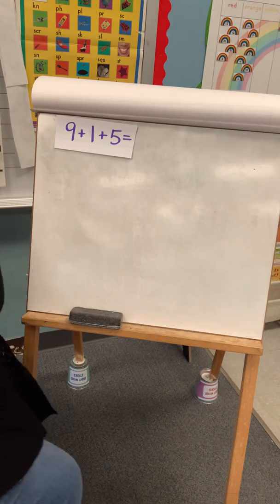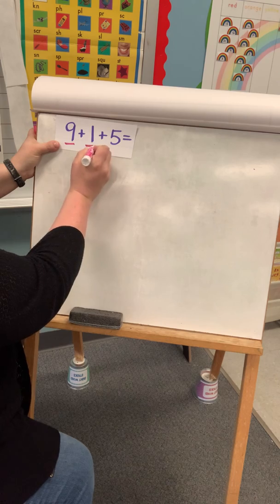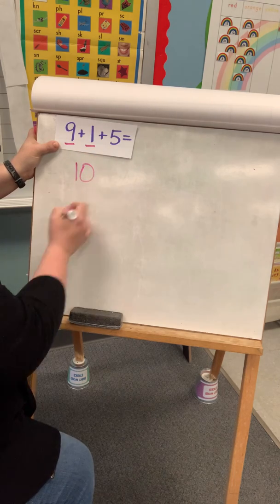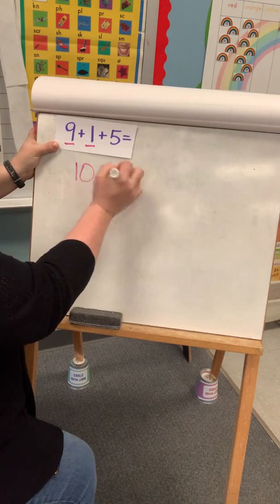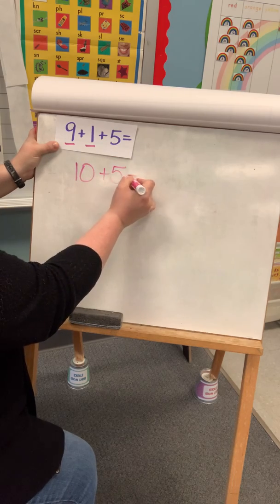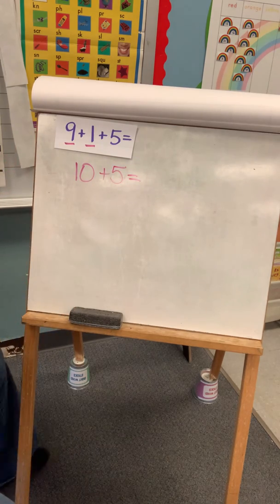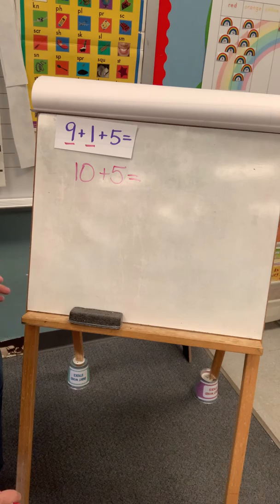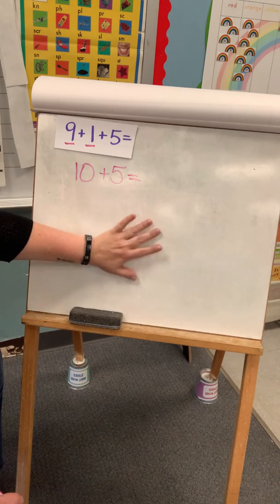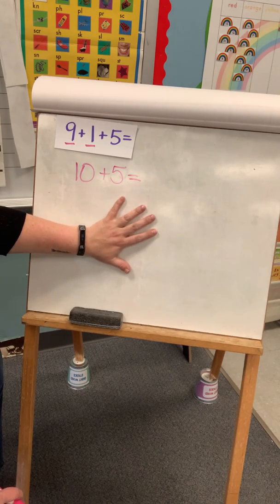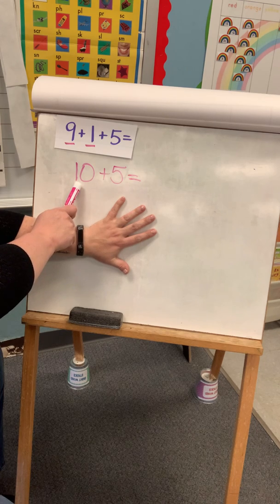Hey, look, there's a complement of 10, a friend of 10. 9 plus 1 equals 10. Plus 5, because we have to add that now, equals, now we have to figure that out. I know that there are 5 fingers on one hand, so I'm going to use my fingers for this one. I'm going to start with 10 because that's the bigger number.